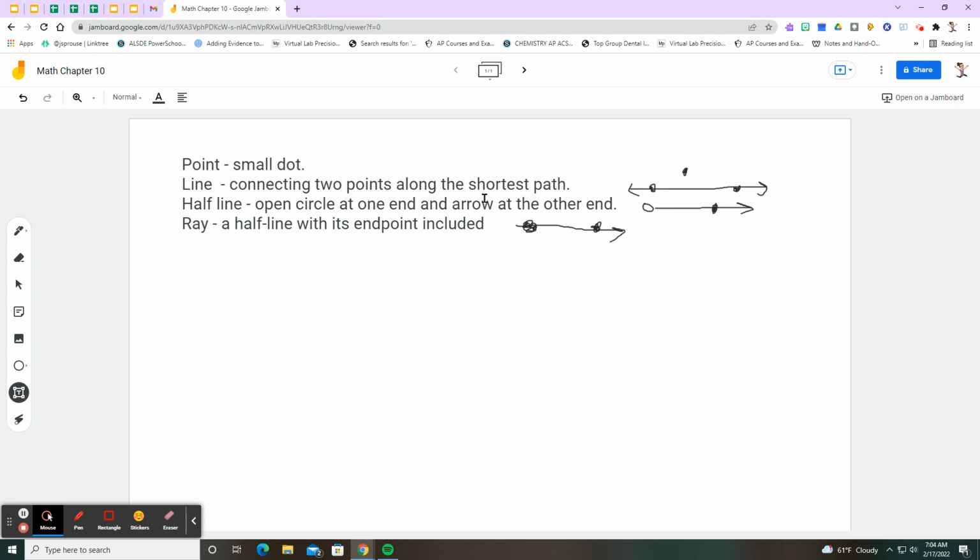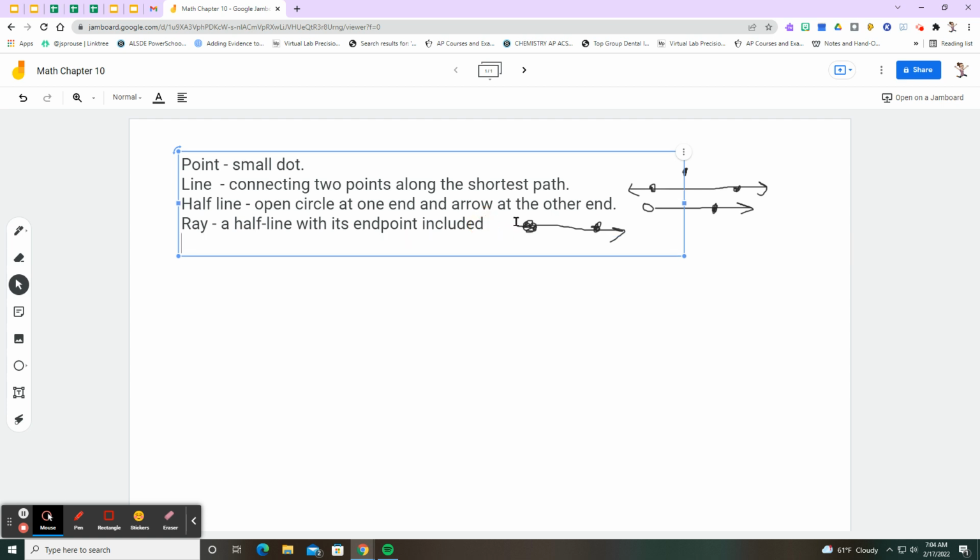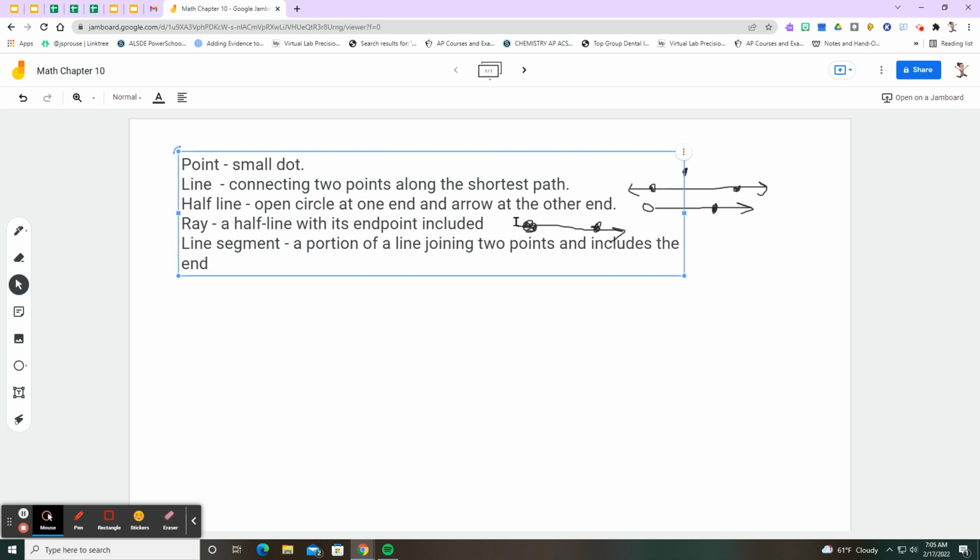and then a line segment. That's kind of the other term we're going to use in here. A line segment is where you do not have the arrows, you just have the 2 endpoints. Okay, so it's a portion of a line joining 2 points, and it includes the endpoints.